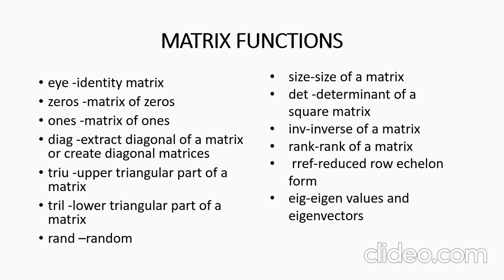Apart from that, we will see in today's video how to make an identity matrix, null matrix, and unity matrix in MATLAB. These are some of the matrix functions we perform in MATLAB.